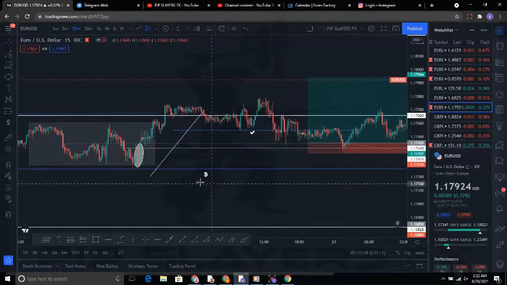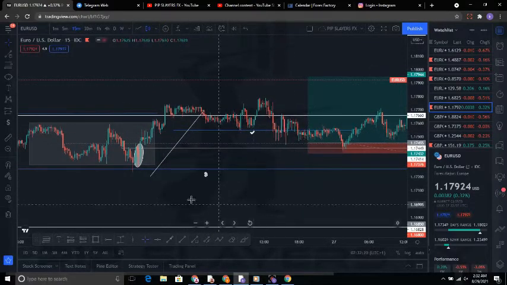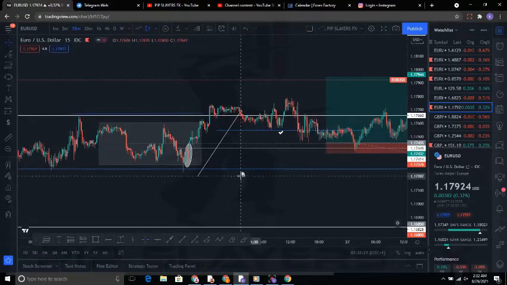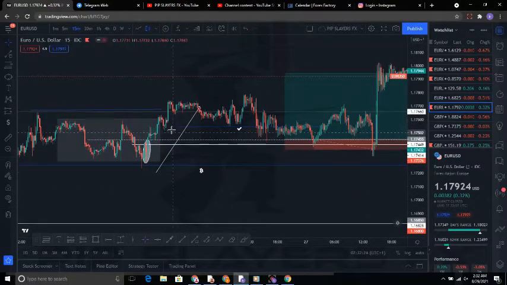Looking at the whole structure of this market, we can see that we have several order blocks. The question is which one will hold. Most of us don't know which one would hold, but we look to understand the structure of this market, micro and macro.